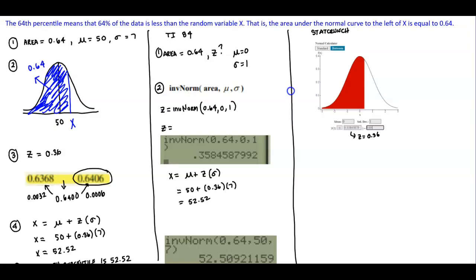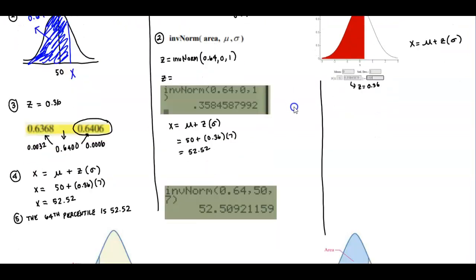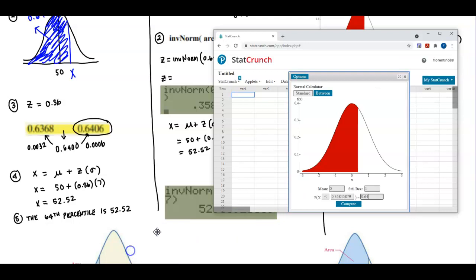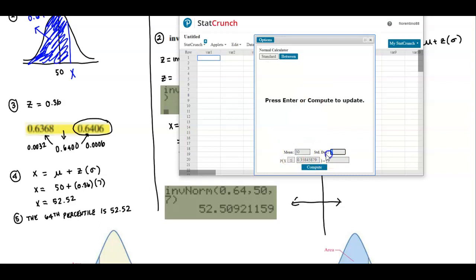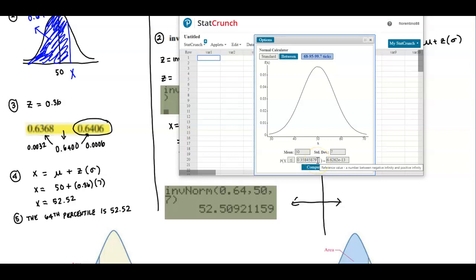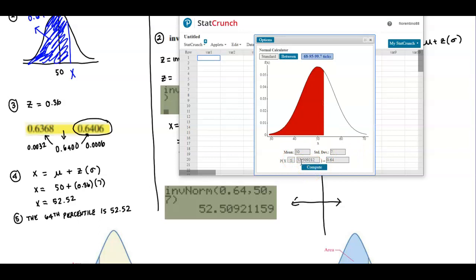Then we would use the formula again, x equals mu plus z times the standard deviation. I also want you to compare what we would get here. If we use a mean of 50 and a standard deviation of 7, with an area of 0.64, and we compute, we get 52.51 like we did over here.